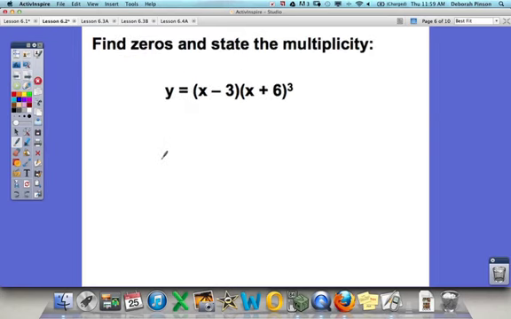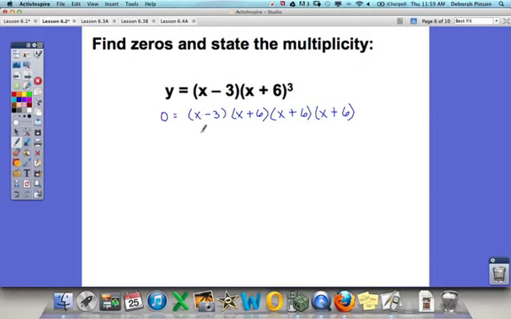Okay, now if I were to go through and write this out, I'm going to just write out what I have here. You don't have to do this every time, but I just want you to see it on this first one. Okay, so x plus 6 is to the 3rd power, so there's 3 of them.